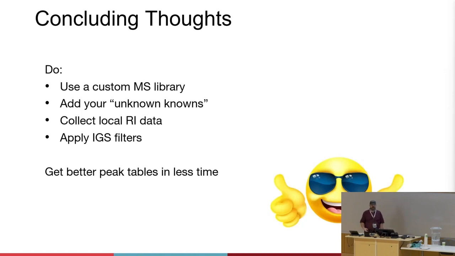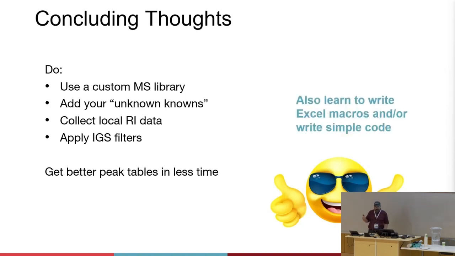They make a lot more sense and make your downstream data analysis and chemometrics much easier because the same compound is identified properly in every sample. Another little bit of advice is also learn to write Excel macros and or write simple code. It's hugely helpful for making your way through all of these things and well worth your time.